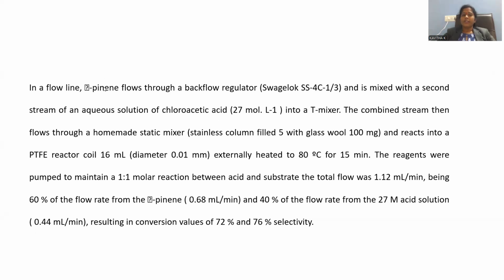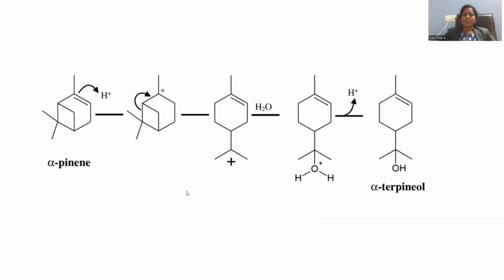The only requirement here is that alpha pinene is acidified. Later on it will go for ring opening, and this bicyclic system will be turned into a monocyclic one. That is the only requirement for the conversion of alpha pinene into alpha terpineol. So let's see the detailed mechanism to convert alpha pinene into alpha terpineol.